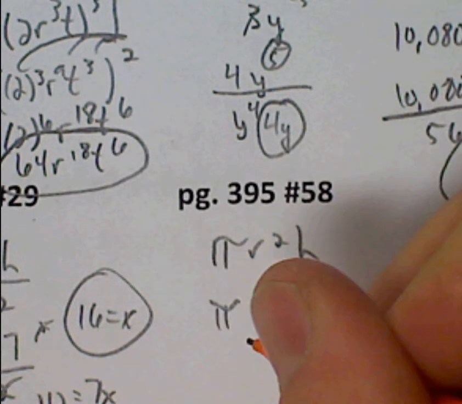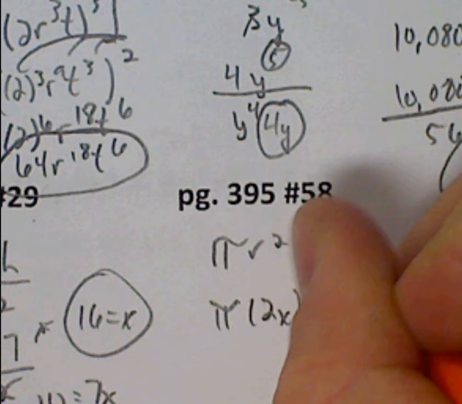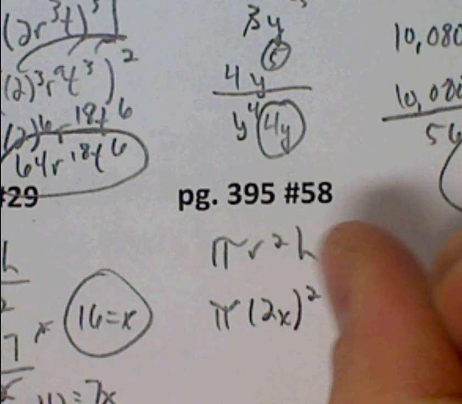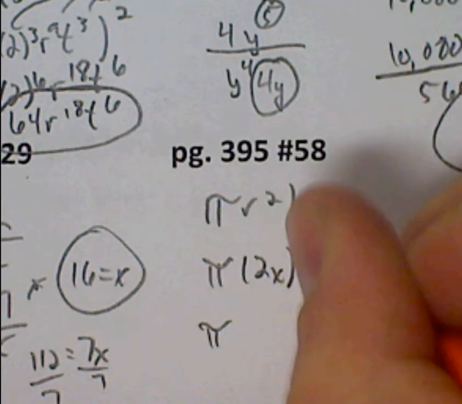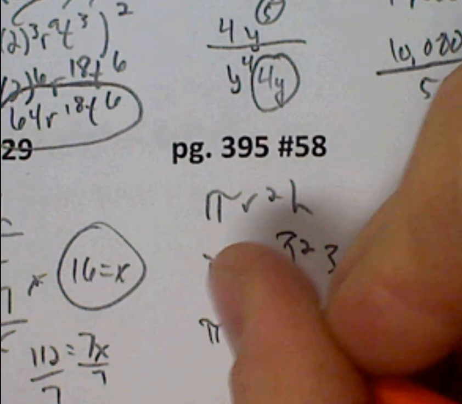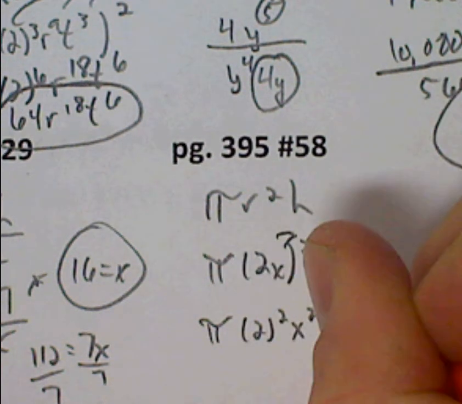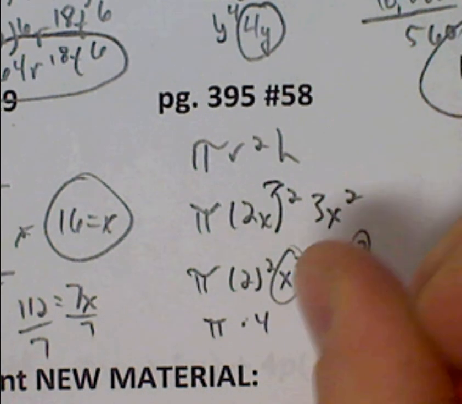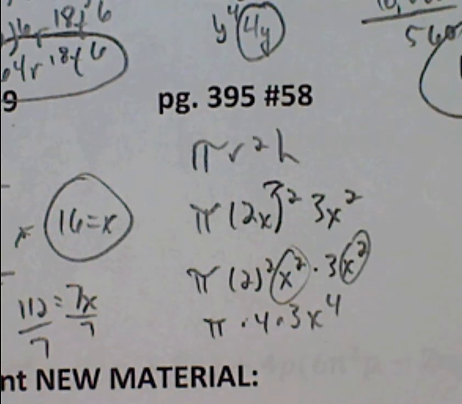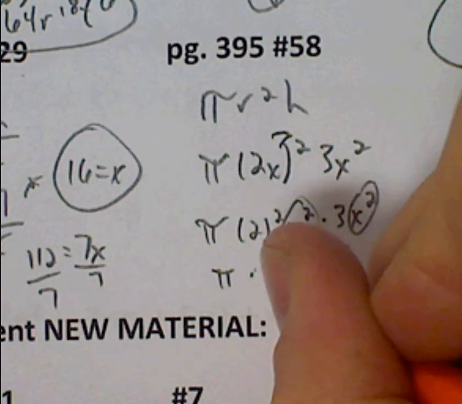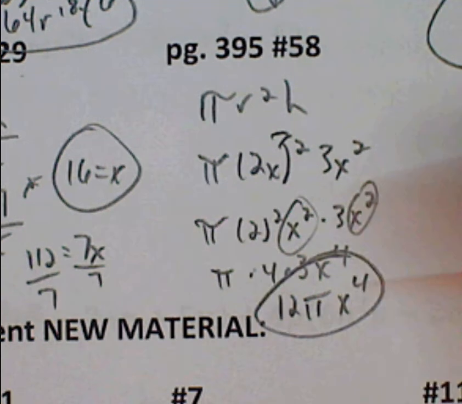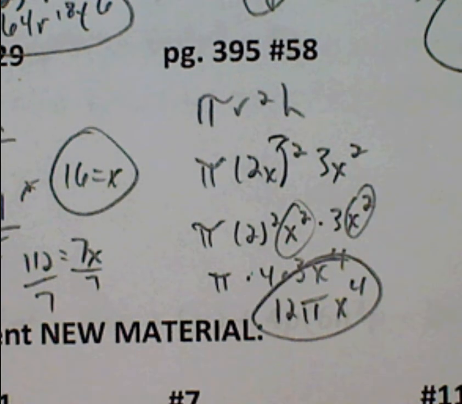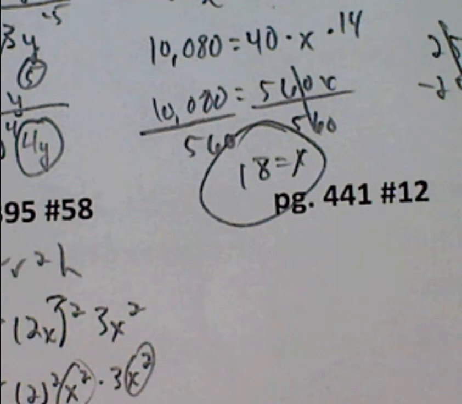So pi, my radius is 2x, and I square that, and my height is 3x squared. So this would be pi, distribute my square, that'd be 2 squared, x squared, times 3x squared. So pi times 4, x squared becomes x to the 4, times 3, so x4. Multiply my front numbers, so that'd be 12 pi x to the 4. And you can go ahead and multiply pi if you want, but I did not. Page 441, number 12.